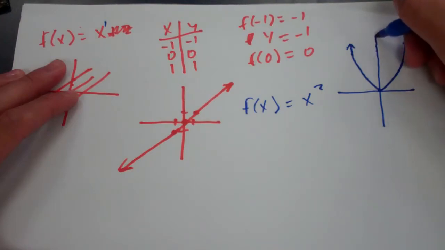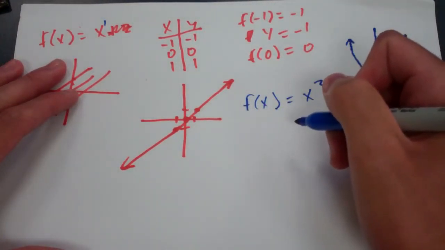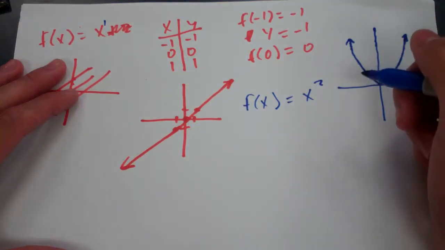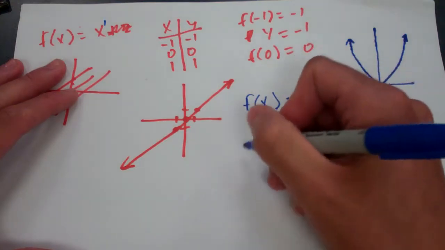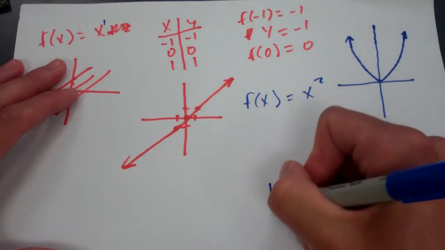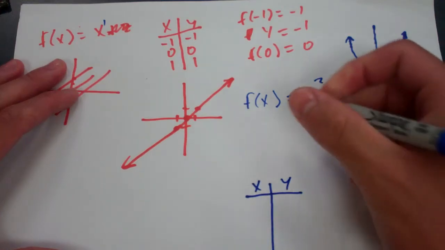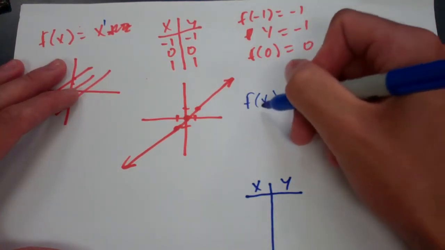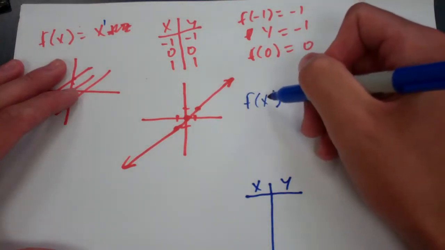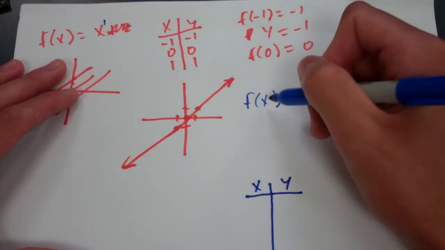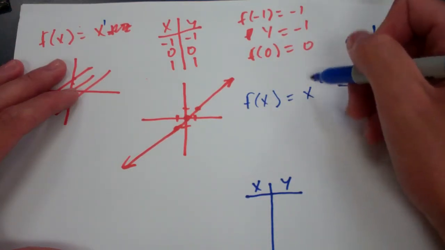And once again, you might say, I don't really believe you. Well, let me show you. Let's just leave it like that. If I set up my little table here, remember that f of x is really just another word for y. So this is where I put my input, or what values I'm going to put in for x, and then I'm going to put in all those values on this side.